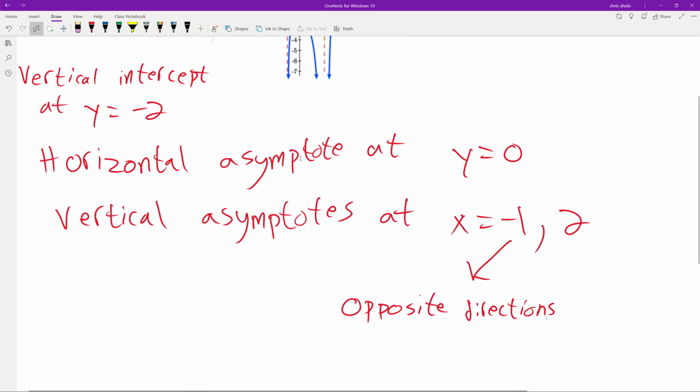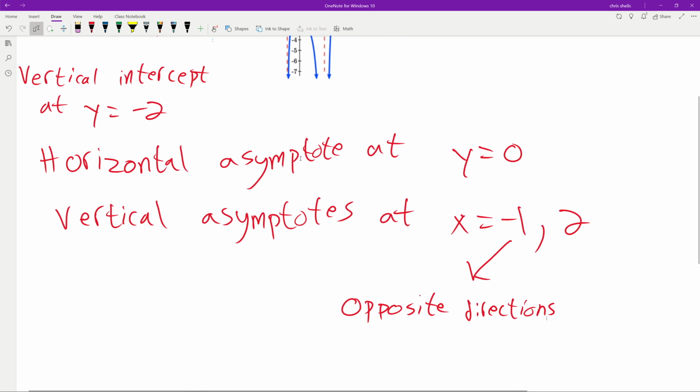F of 0 is a times 0 plus 2 times 0 minus 3, all over 0 plus 1 times 0 minus 2 squared. F of 0 was negative 2. So this is a times 2 times negative 3, which is negative 6, over 1 times 4, which is 4.